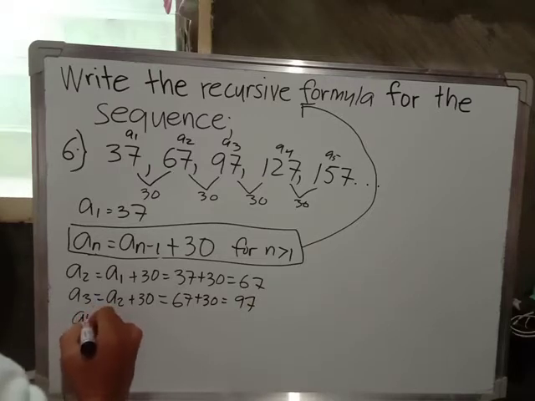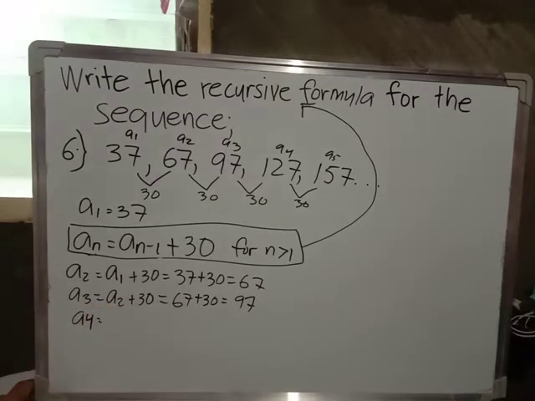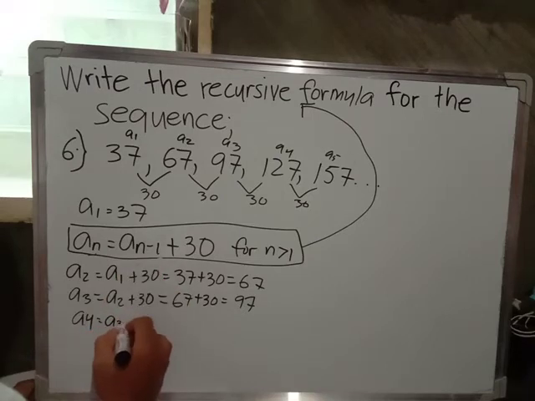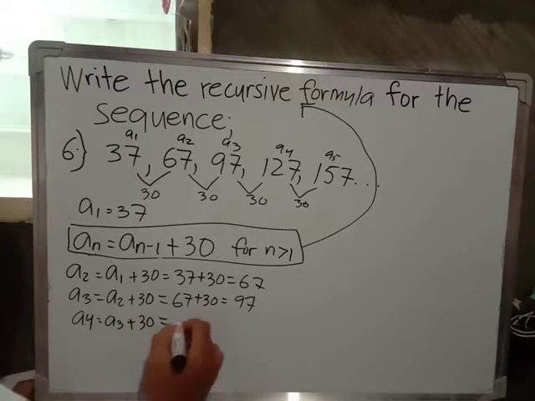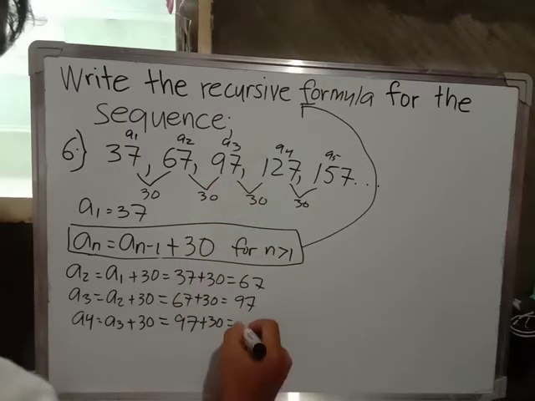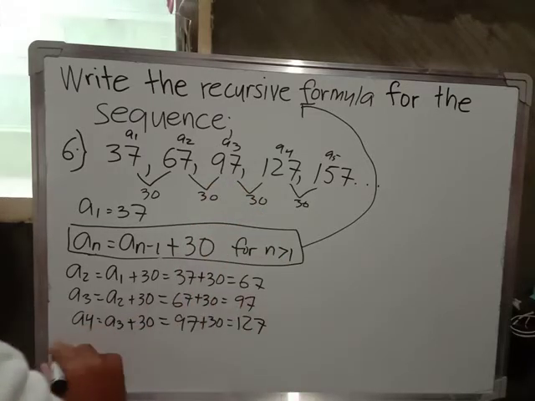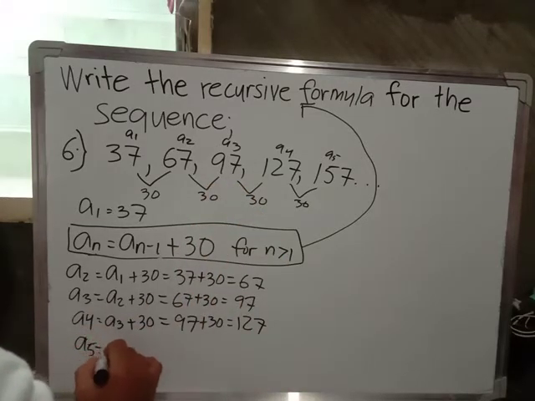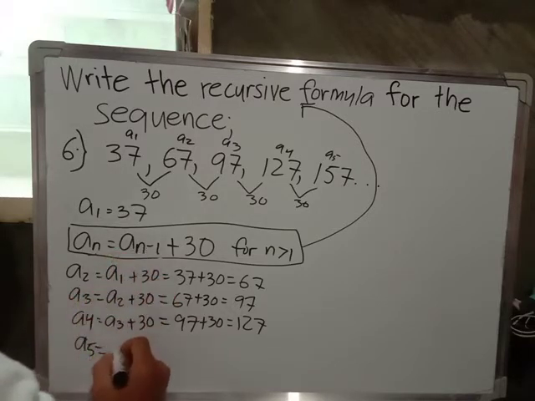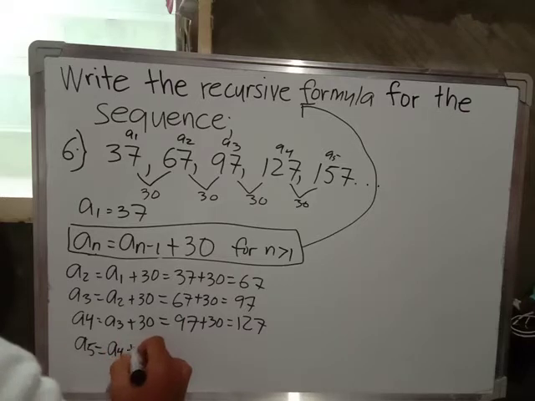Then, E4 is equal to E(4 minus 1), which is E3, plus 30. E3 natin is 97 plus 30 is equal to 127. E5, so n minus 1, 5 minus 1 is E4, plus 30.